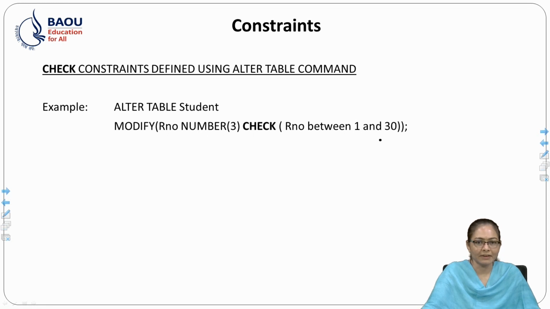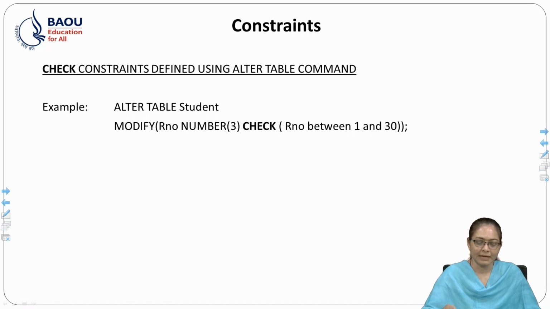Here we define the check constraint on roll number, and here we write the check constraint in the bracket roll number between 1 and 30, means the roll number column will contain roll numbers 1 to 30 only, means in one class only 30 students are admitted.